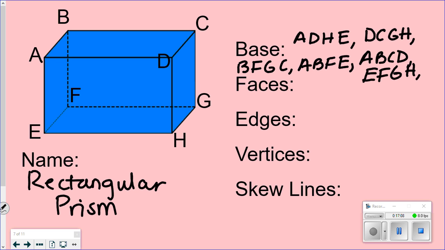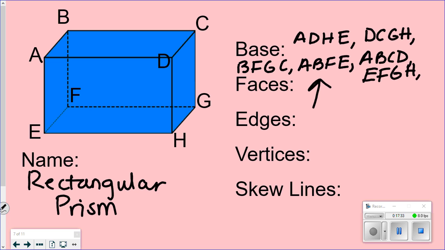Just rectangular prisms. Not everything is always going to be a base. All right, let's go to faces. Everything is, again, a face, right? So I'm not going to make you relist it. For these types of problems, you do not have to relist it. You can just make an arrow, because bases and faces are the exact same thing. That's just for rectangular prisms, nothing else.